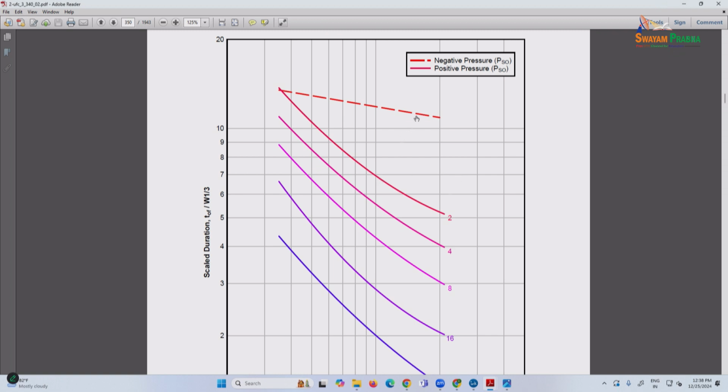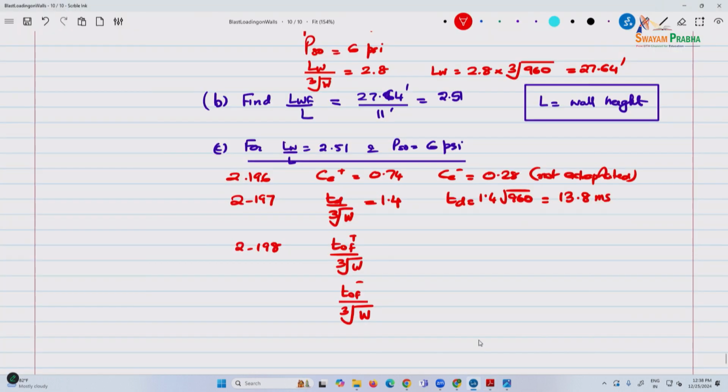And the negative pressure is this line. So this line stops at 10, maybe 11. So what did we say here? 3.5, let's say. So this is 3.5 and this is 11. So help me with this. TOF plus is 3.5 cube root of 960.